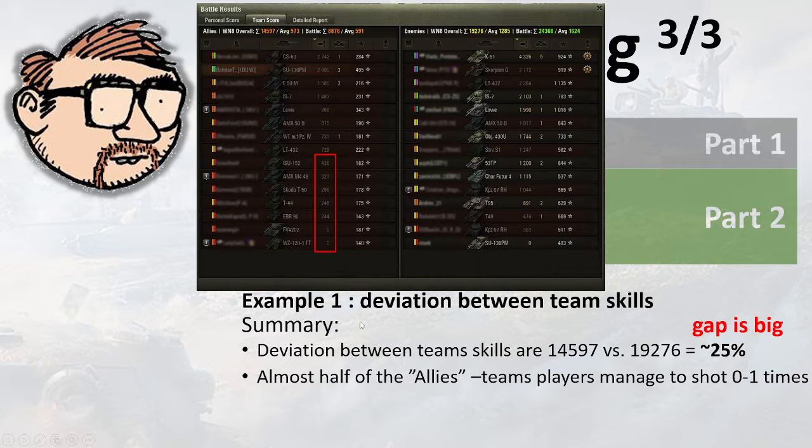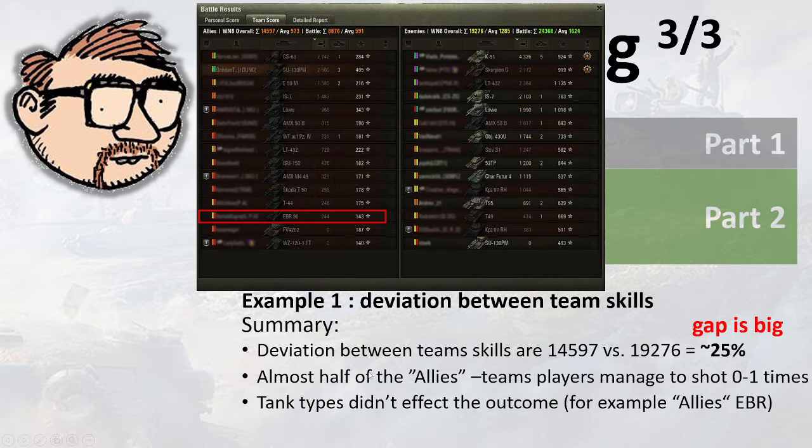Now somebody is saying that we have an EBR, and you cannot judge an EBR by the damage it's doing. If it's spotting, that's much more important, and that's a good point. In good hands, an EBR 90 could change the course of the battle. But like I said earlier, the skill level needed for the EBR to start having an effect is not low.